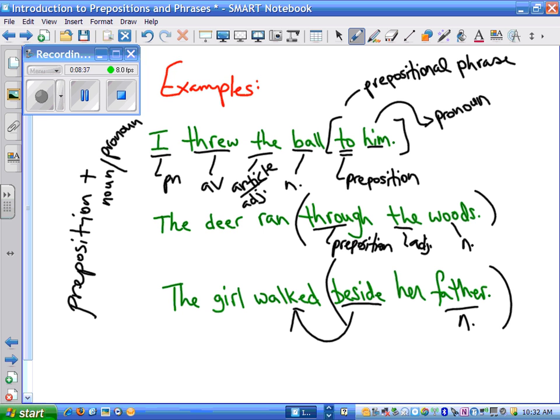So nouns and pronouns, hopefully you can see this pattern, will almost always end that prepositional phrase. And then we have this pronoun showing possession. Possessive pronoun working as, of course, an adjective to describe father.